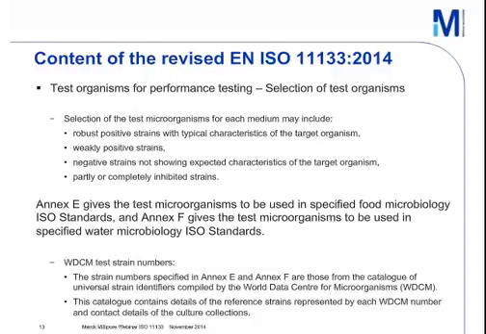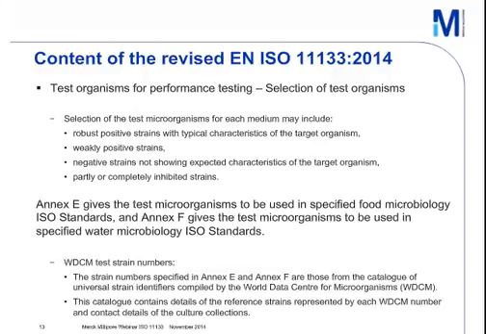The standard gives in two big annexes, Annex E and F, the test microorganisms to be used in specified food microbiology ISO standards, and in Annex F, in the water microbiology ISO standards.